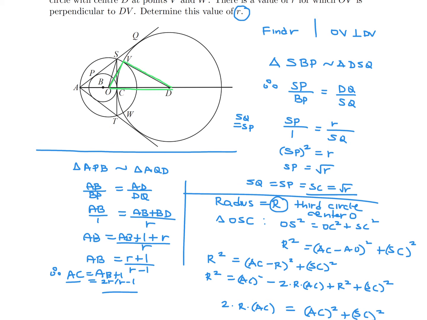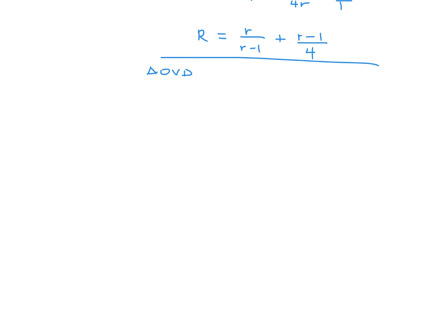And in that triangle, we have a Pythagorean relationship, where OD is the hypotenuse and OV and VD are the legs. So that would mean we've got OV squared plus VD squared is equal to OD squared. Now OV, if you look at that diagram, is really R, and VD is the small r, and OD is OC plus CD.